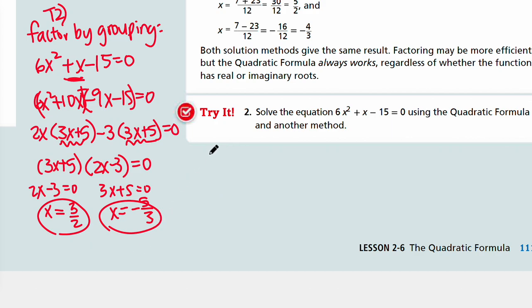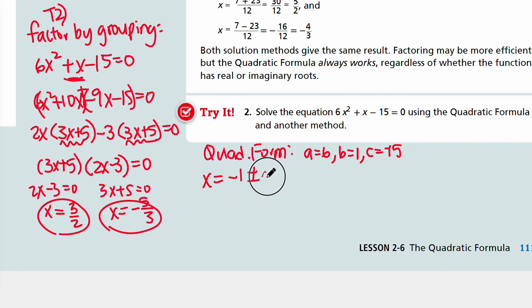Using the quadratic formula, you're going to plug into the quadratic formula. Your a is 6, b is 1, c is negative 15. So plug it into the quadratic formula: negative b plus or minus the square root of b squared minus 4ac, all divided by 2a.